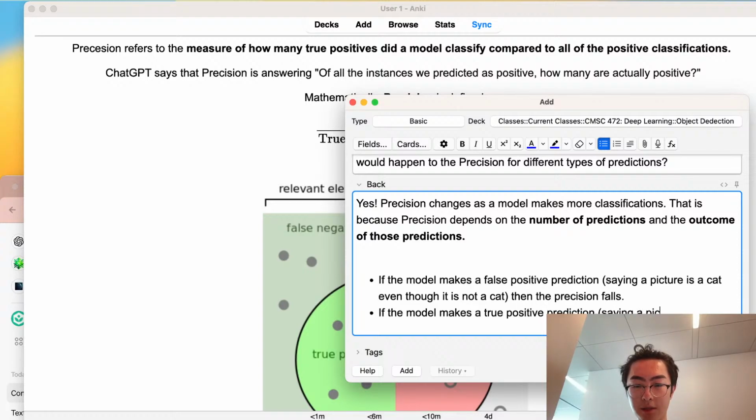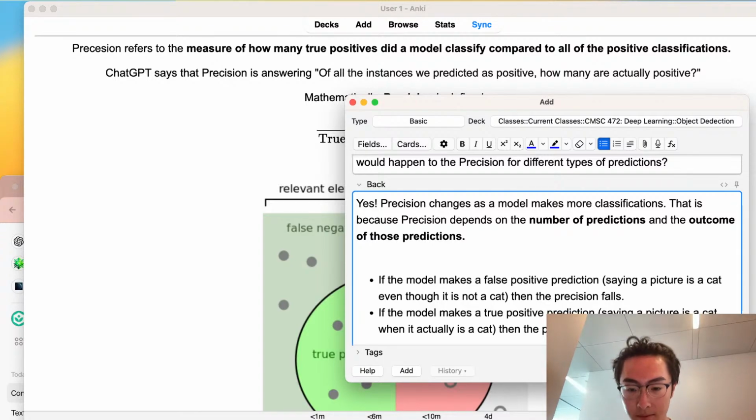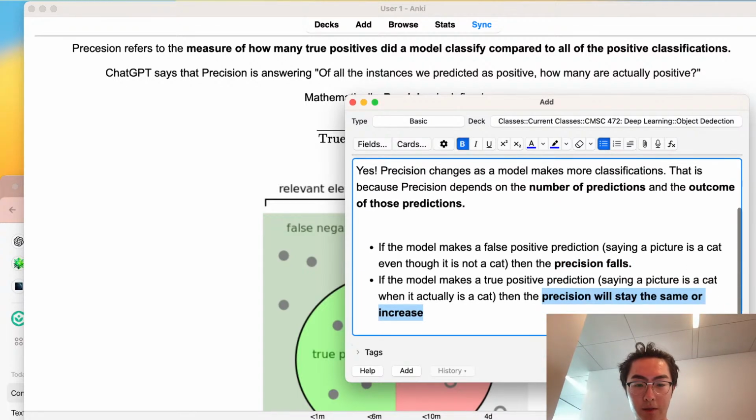Saying a picture is a cat when it actually is a cat, then the precision will stay the same or increase. Right, precision will stay the same or increase. Okay.